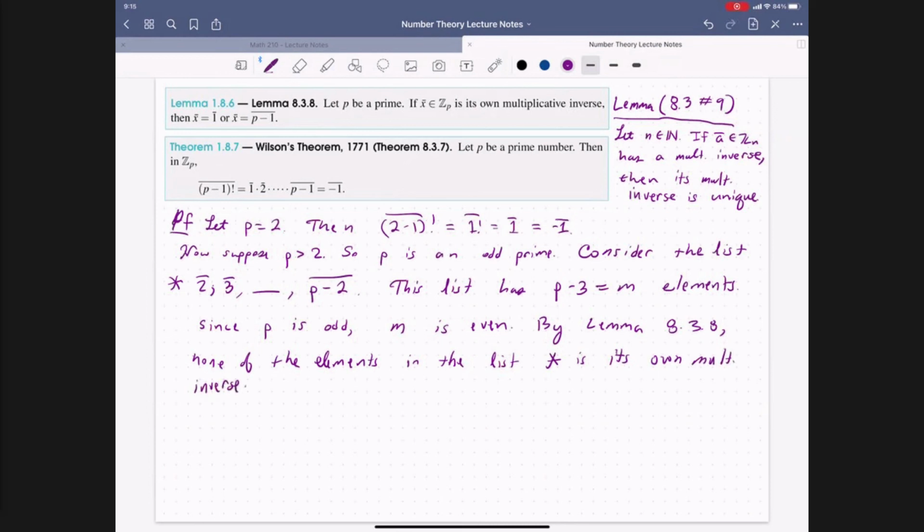So we have that each of these elements is not its own multiplicative inverse, but we also know, because we're working over the integers modulo p, that they all have a multiplicative inverse.